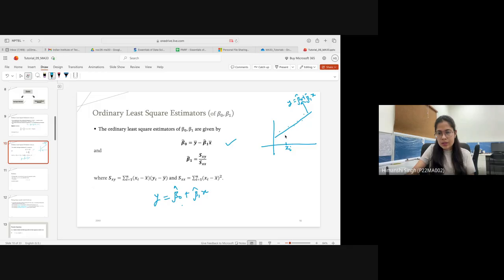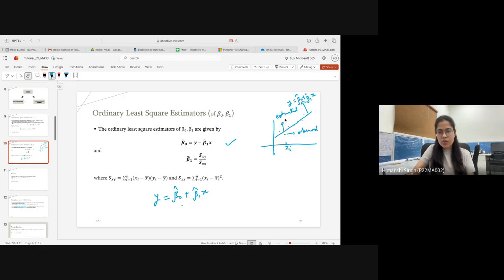So this is the observed, and this is the estimated, I can say. So there is a difference between them.